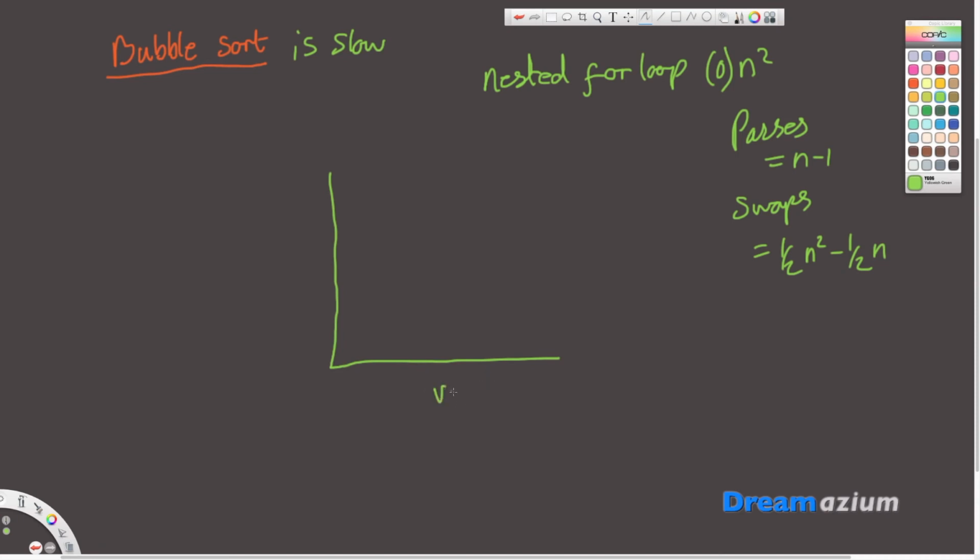So values of n and these are resources. It's going to look like this on a graph. It's going to start off quite small, and then it's going to get bigger and bigger and bigger and bigger. The higher the value of n becomes.